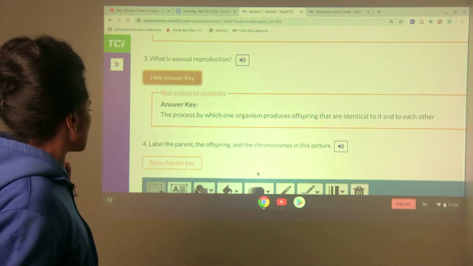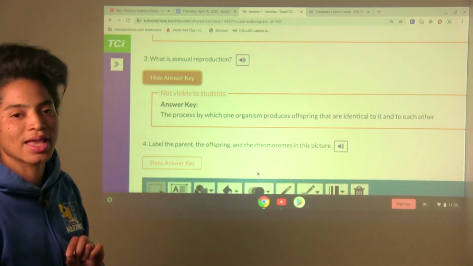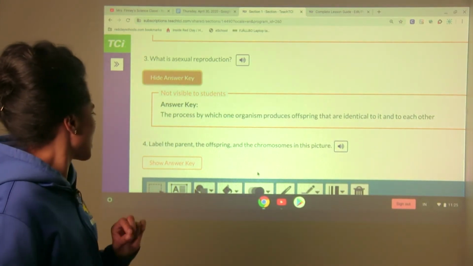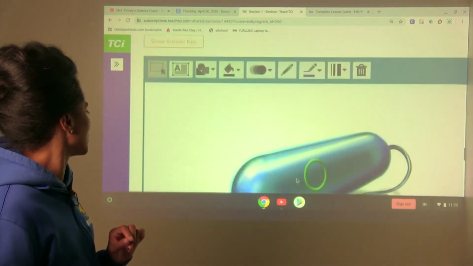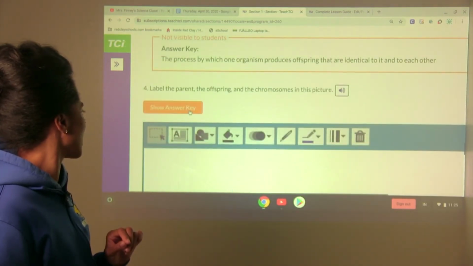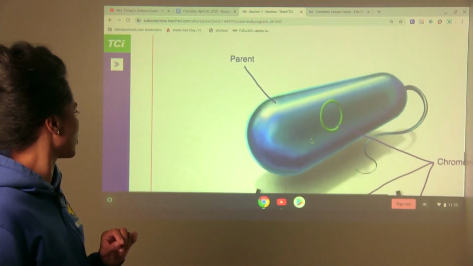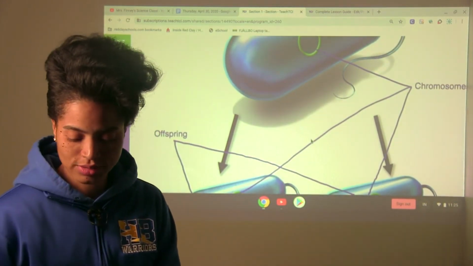Number 4, we want to label the parent, the offspring, and the chromosomes in the picture. Here's the image. All right, and now we want to label parent, chromosome, offspring.